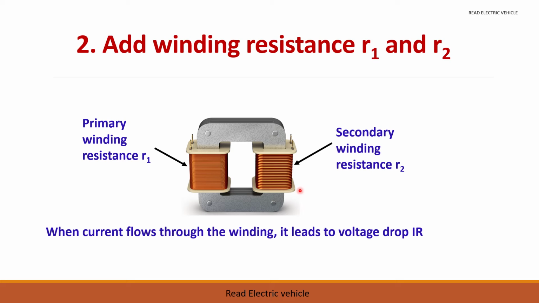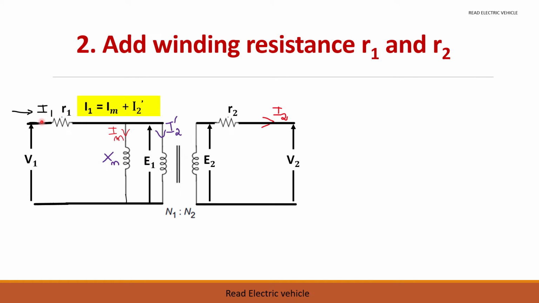So I have to add resistance in both primary and secondary. So this is shown here, R1 and R2. Since current flows through this path, it should be included here, not in a parallel line. So the total current flows through this resistance. I1 into R1, here I2 into R2 will be the voltage drop.